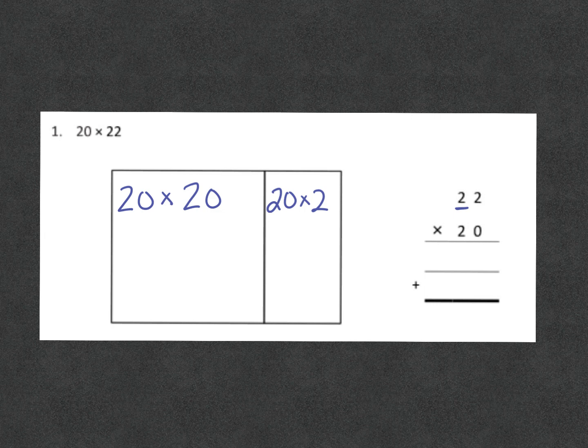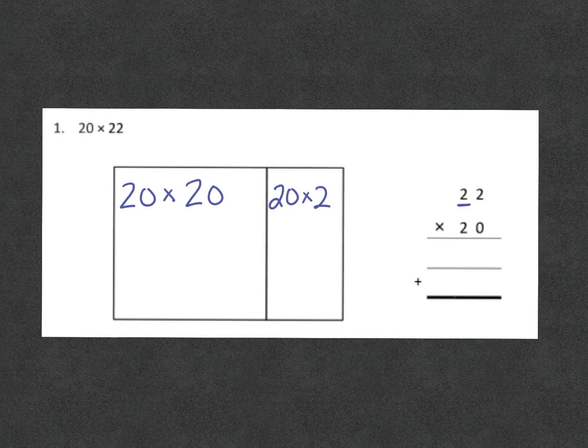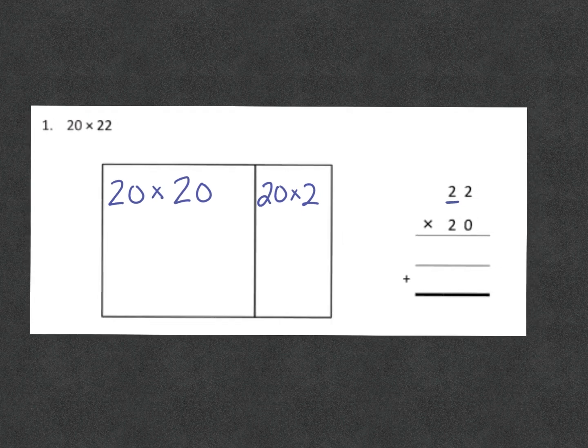Up next, we're going to work on the long multiplication. Anything by 0 is 0. 2 times 2 is 4, but we can't forget to put that place marker. So 2 times 2 is 4, so we're going to put that right there.